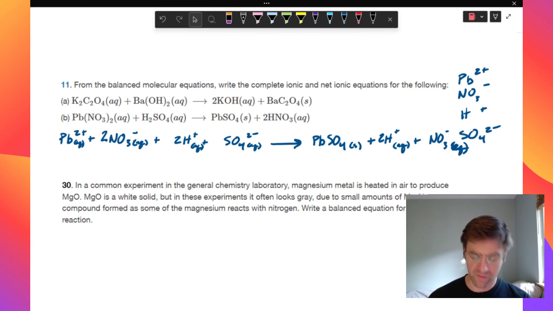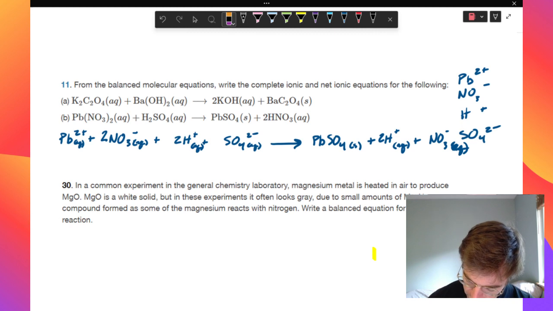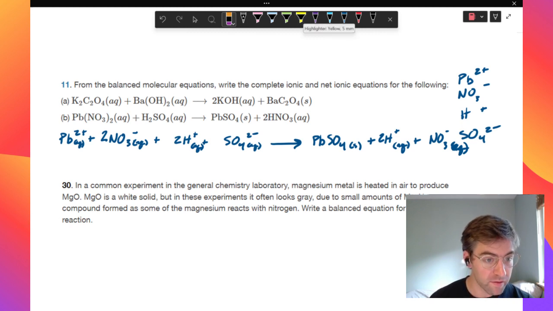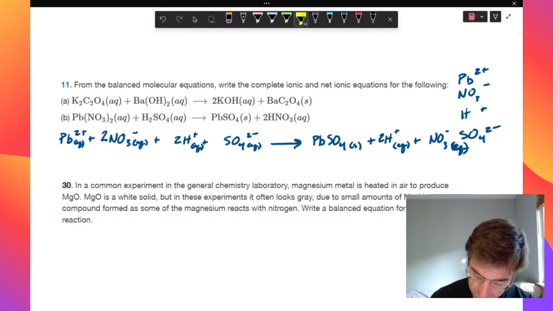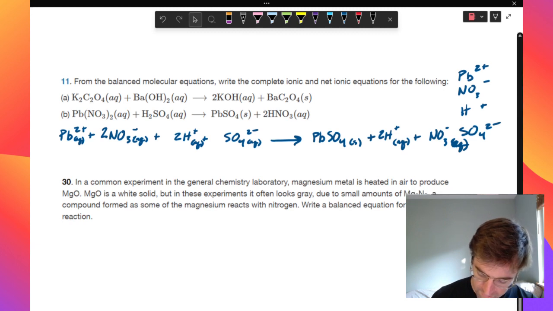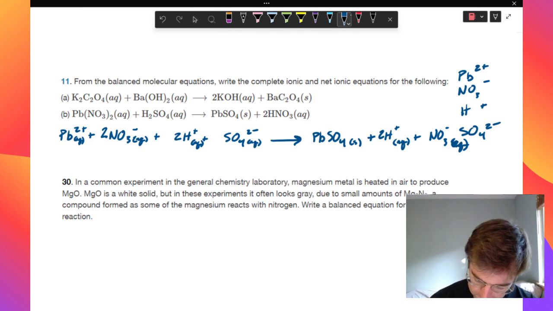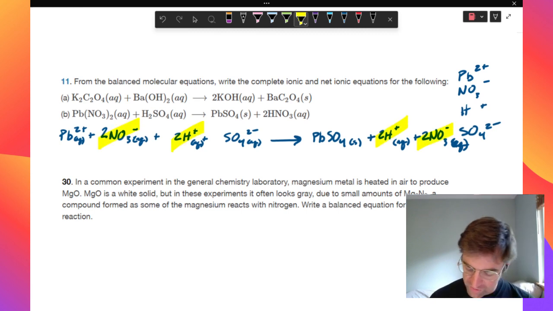We've balanced it based on the stoichiometry that was already given to us from the molecular equation. Now we just need to figure out what's the same, what's different from side to side. Our 2 hydrogens and our 2 nitrates exist on both sides.